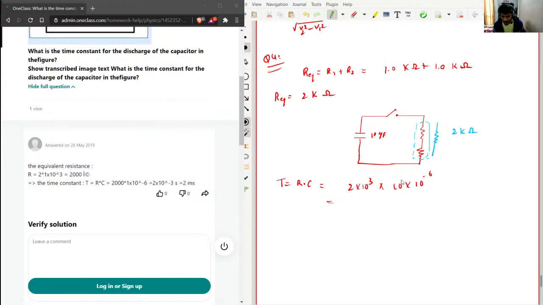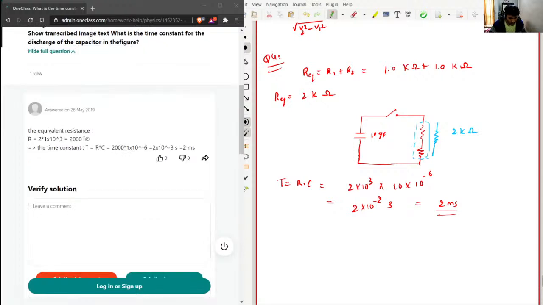Sorry, not farad, it is time constant, so it will be second. They have already converted into milliseconds, so it will be nothing but 2 milliseconds, 10 power 6, yeah.